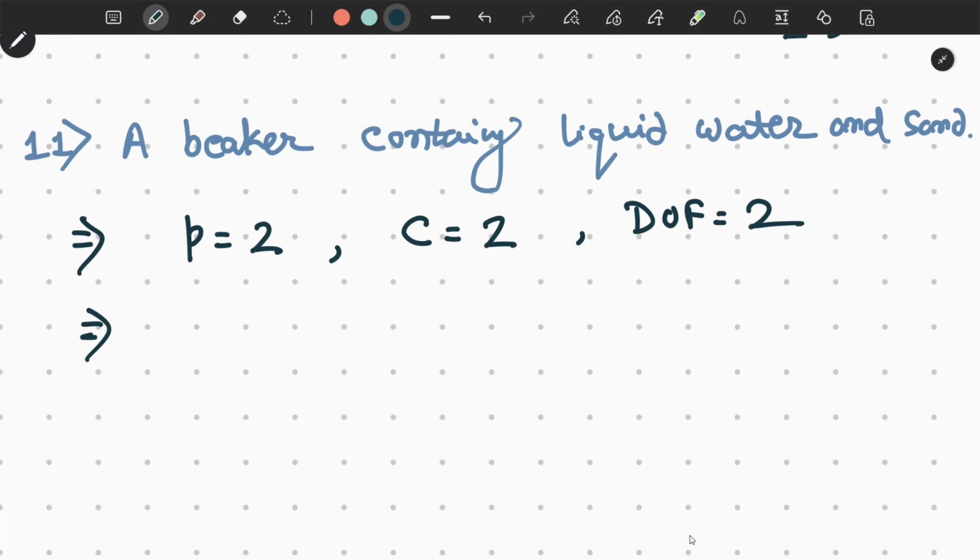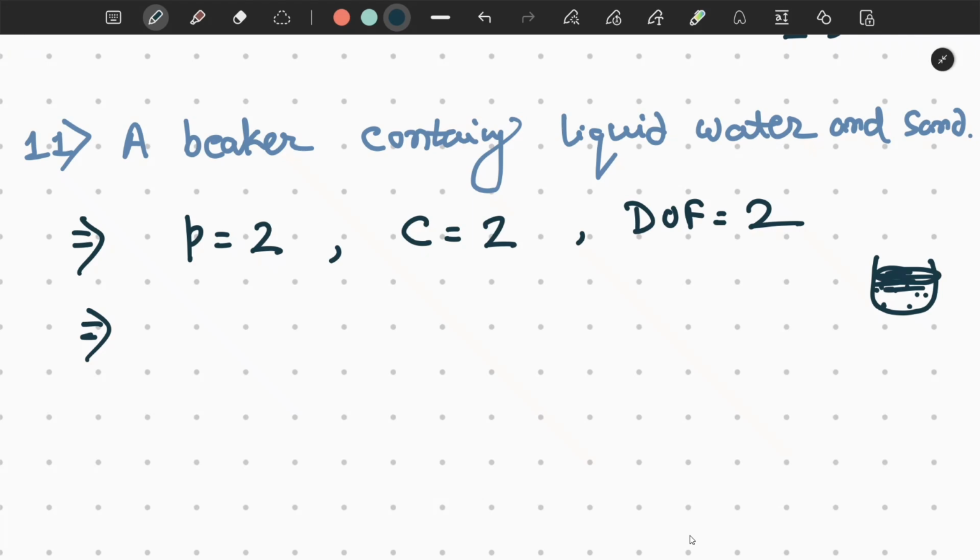If you consider that the sand doesn't interfere, if you just ignore the sand, there is liquid water, and here is the sand. Sand will not be physically or chemically involved with the water. It will not interact.